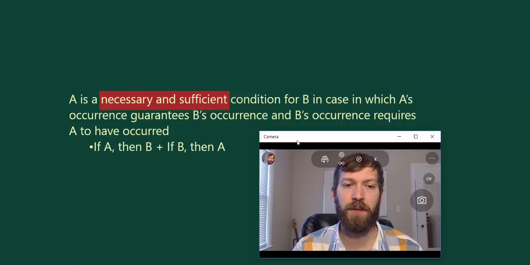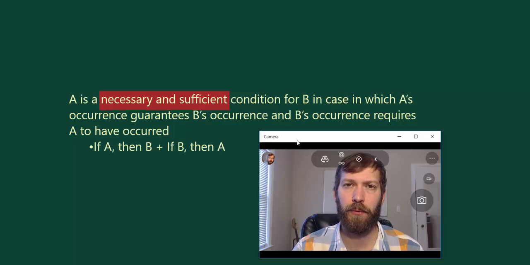It's a combination of if A, then B, and if B, then A. In fact, the way that we'll oftentimes state necessary and sufficient conditions is A occurs if and only if B occurs. If and only if is supposed to be picking out both of the directions of the conditional.